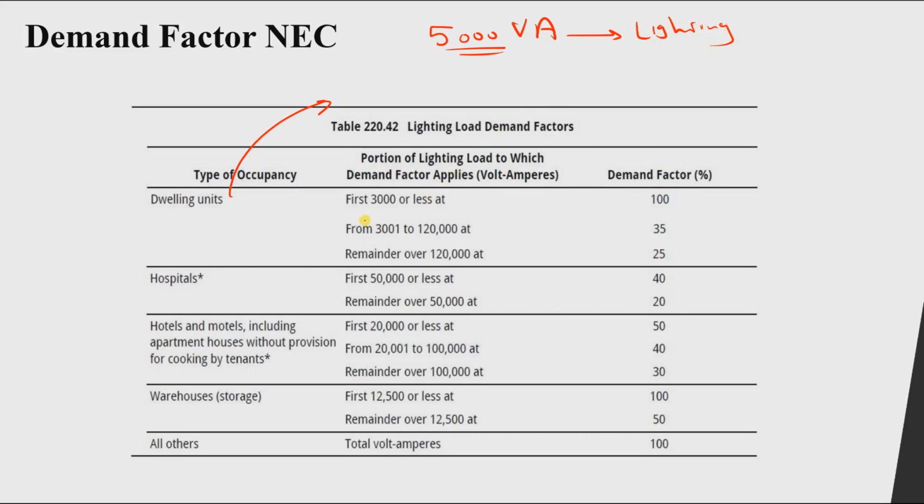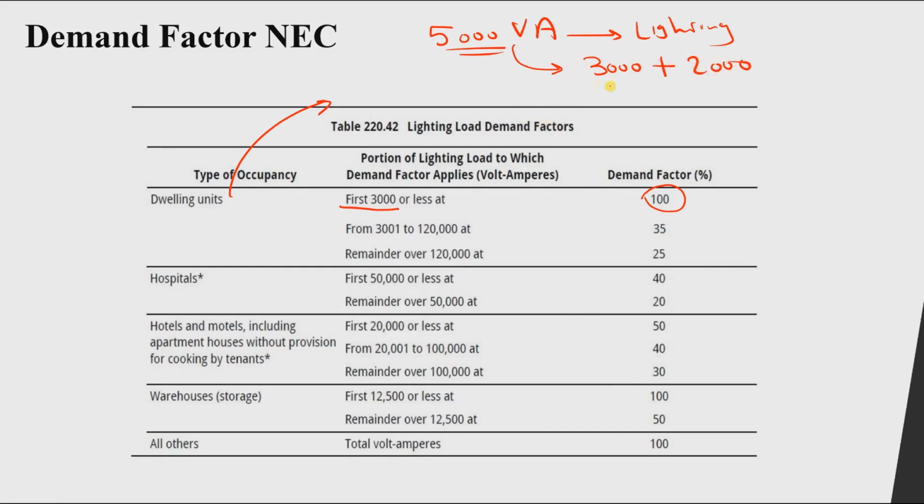It says if you have 3000 or less, take the demand factor as 100%. So this 5000 can be divided as the first 3000 plus 2000, right?